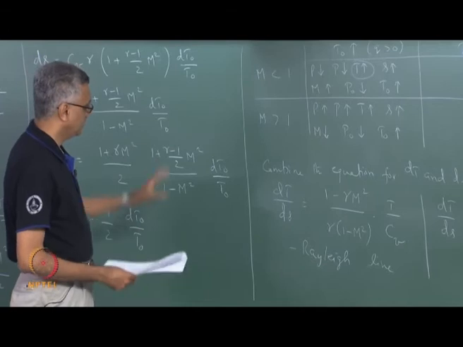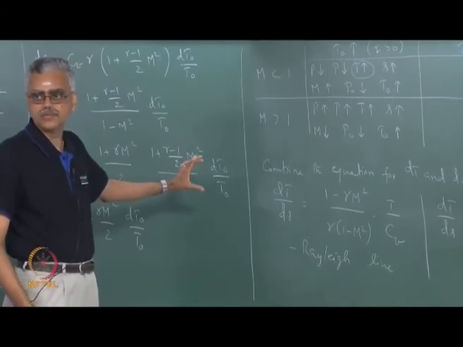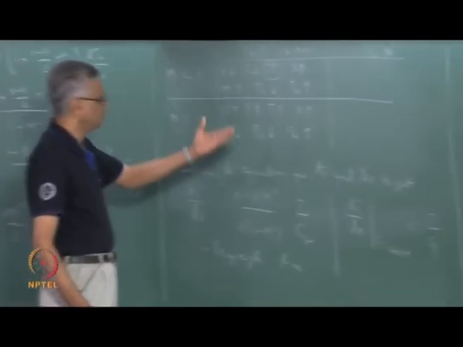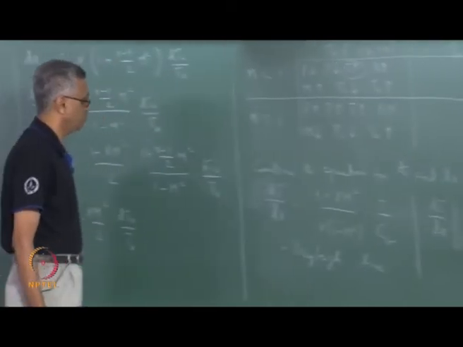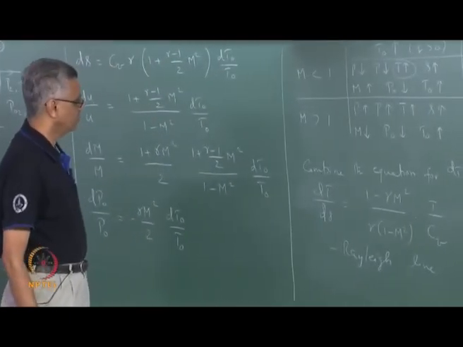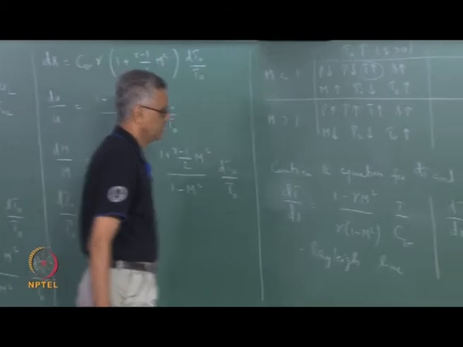So first let us write down some salient points that we have from these equations before we draw the TS diagram. What are the salient points from this? Let us see.